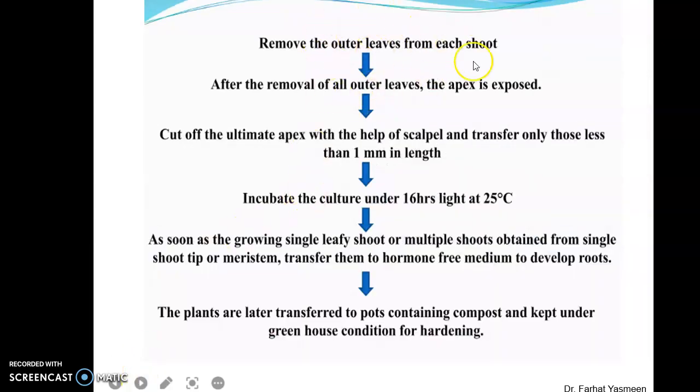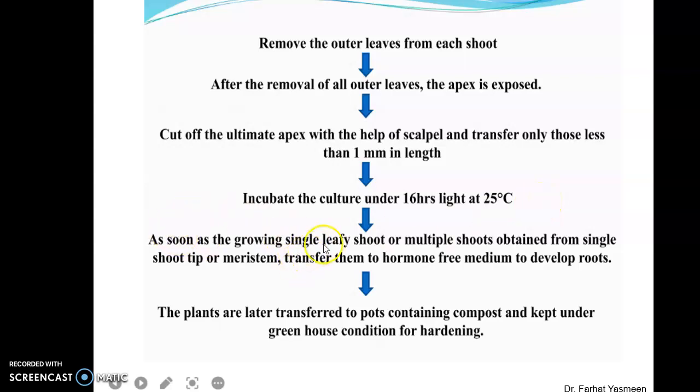Then the outer leaves of each shoot are removed, and after the removal of leaves, the apex is exposed and the ultimate apex is cut off with the help of a sterilized scalpel, less than 1 millimeter in length, and transferred. Then incubate this culture under 16 hours of light at 25 degrees centigrade.